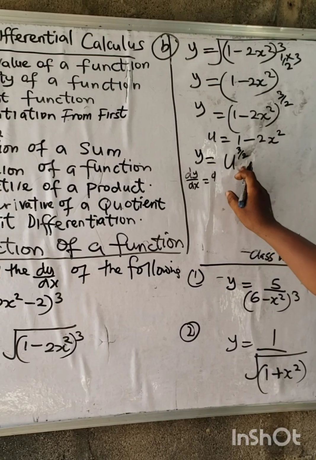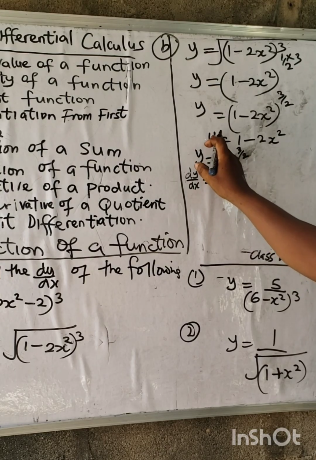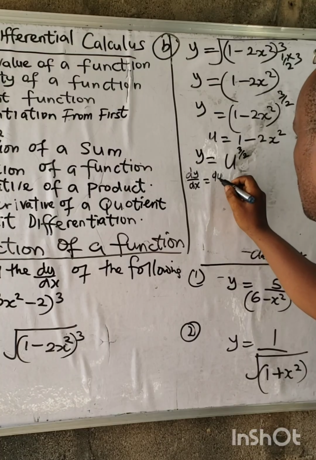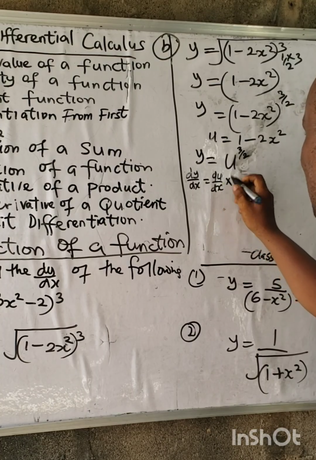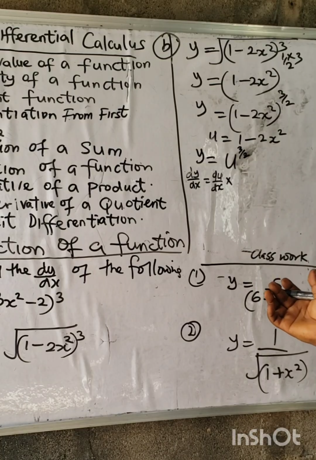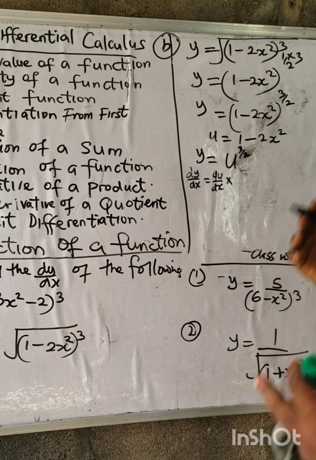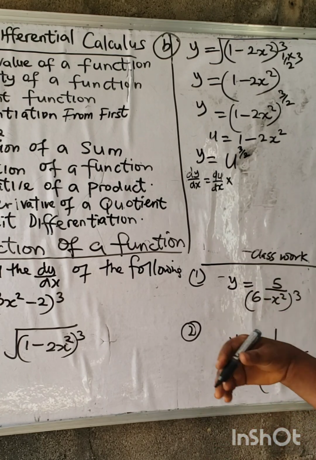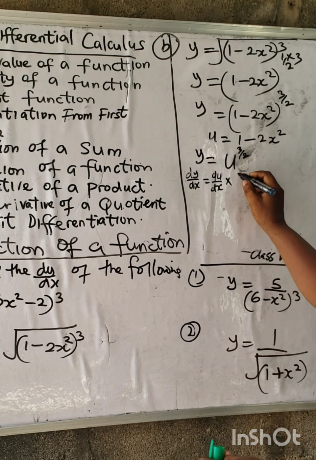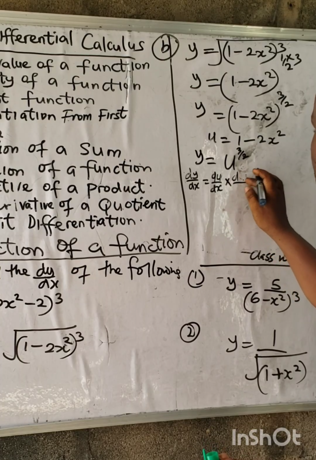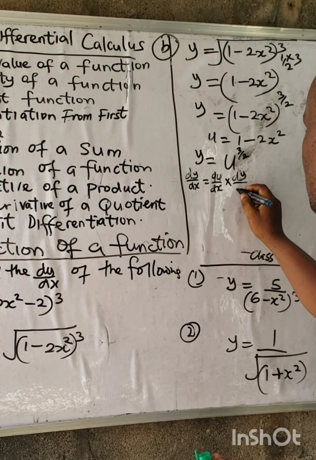This time around, let me first write du/ds. You don't need to cram. When you see a question, the formula must come to your mind. It is multiplied, not divided, by dy/du.